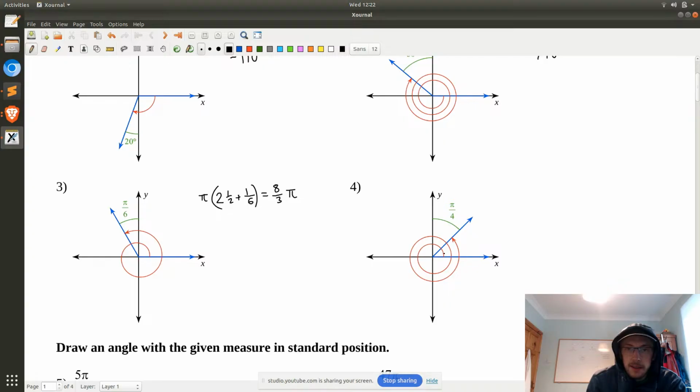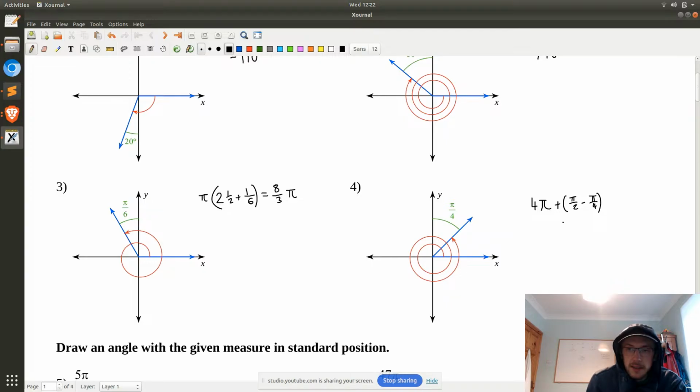Next, let's see. Okay, so 2 pi plus another 2 pi, so 4 pi now. And look here, instead of pi over 2, it's pi over 2 take pi over 4.